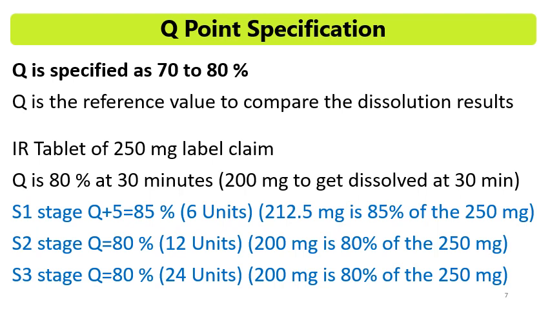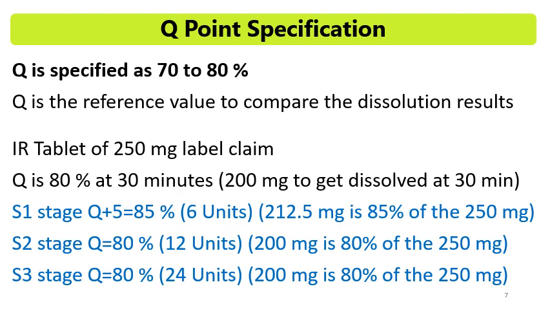So remember this, Q plus 5 is the criteria for the S1 stage where 6 units are tested, and always set a dissolution Q point considering the S2 stage. So you are setting a specification for the Q point at the S2 stage and not at the S1 stage. That is, the S1 stage is 6 units and the S2 stage is 12 units.